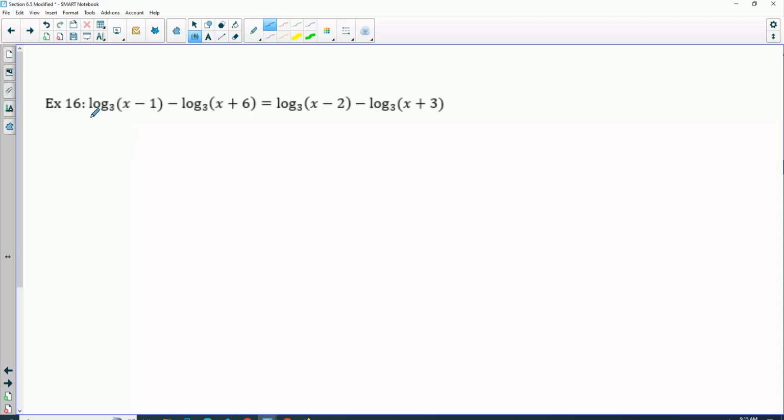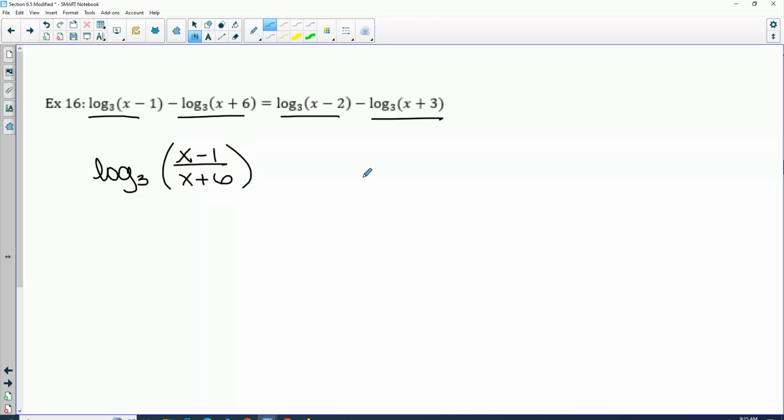When I look at this one, I have 4 terms. All 4 terms have a log, so we just need to combine it so that we have one log on each side. On the left, if these logs are subtracted, how do we put them together? Divide. Okay, on the right, these logs are also subtracted, so I put them together by division.